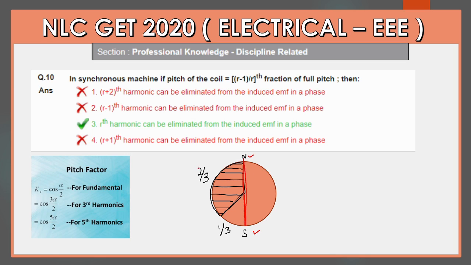Let's suppose it is reduced to 2/3 of the full, so 1/3 is the shorted part. It is asking which harmonic can be eliminated from the induced EMF in the phase. As you know from the pitch factor formula, for third harmonic the pitch factor is cos 3 alpha by 2.